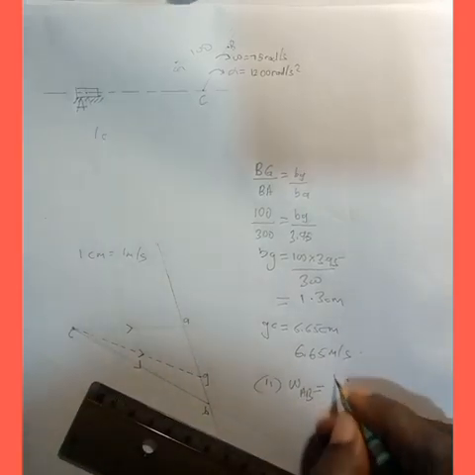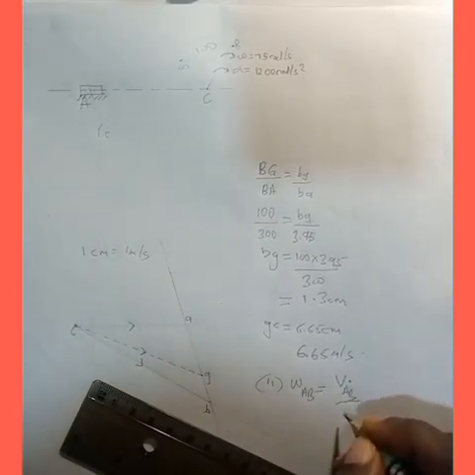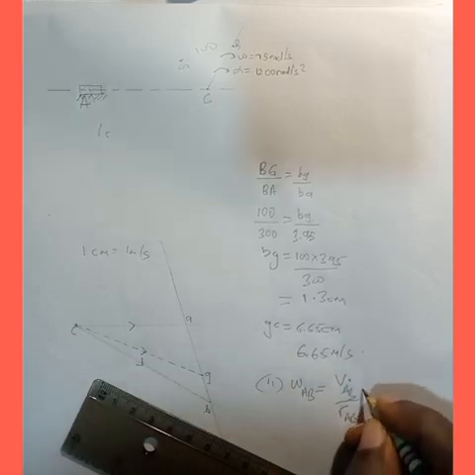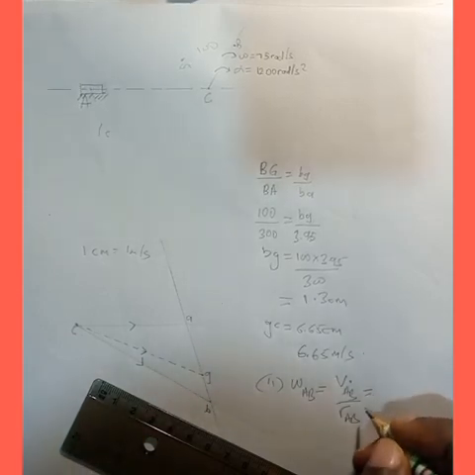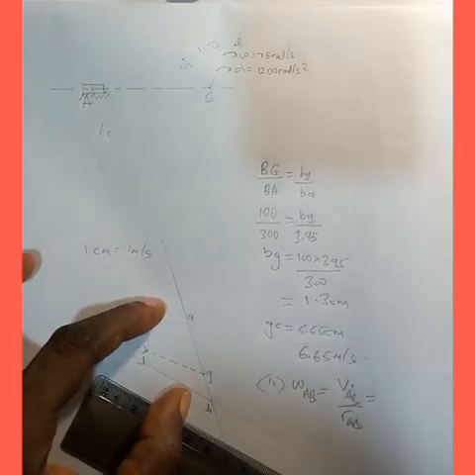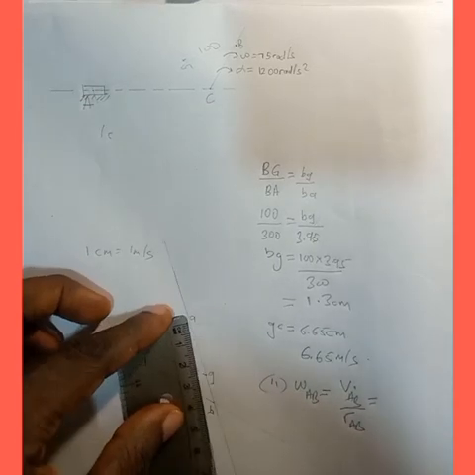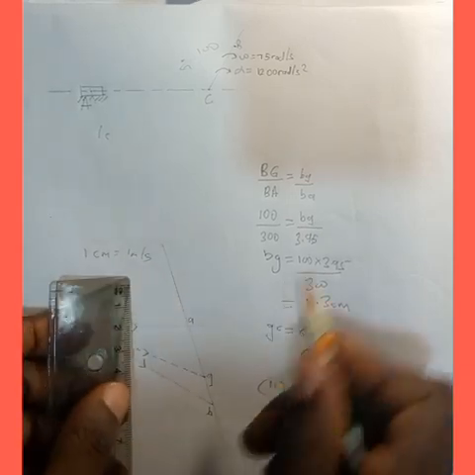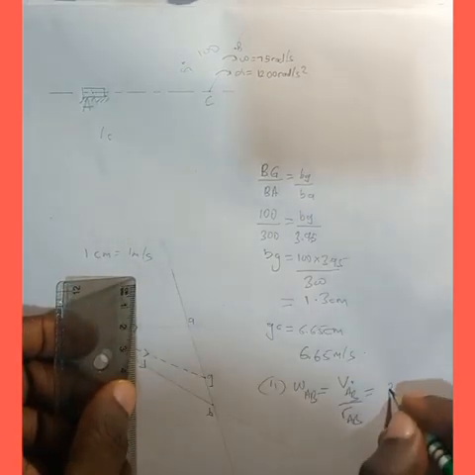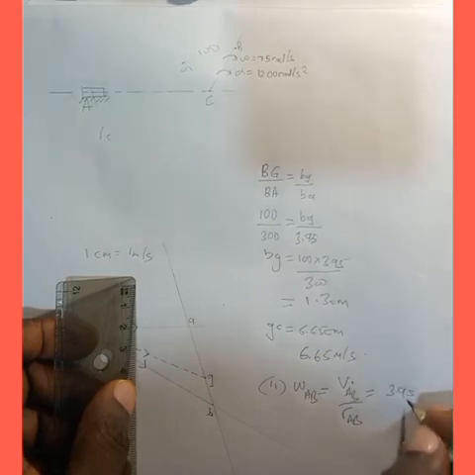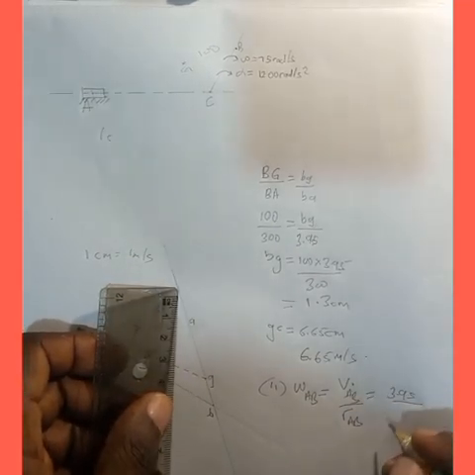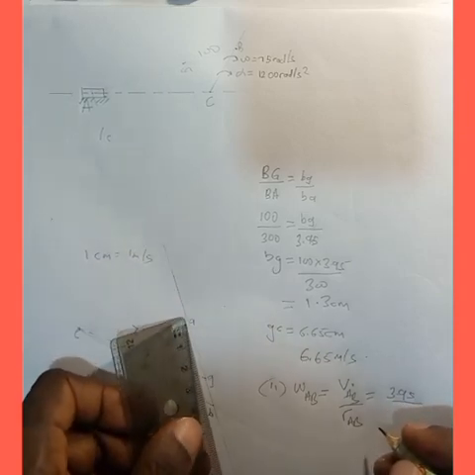The angular velocity of AB is given by the velocity of AB over the length of AB. Now, what is the velocity of AB? You can get it from the velocity diagram. All you need to do is measure it, and whatever we get, that's going to be the velocity. That's already 3.95 centimeter, which is 3.95 meter per second based on the scale we have used, over what? What is the length AB?